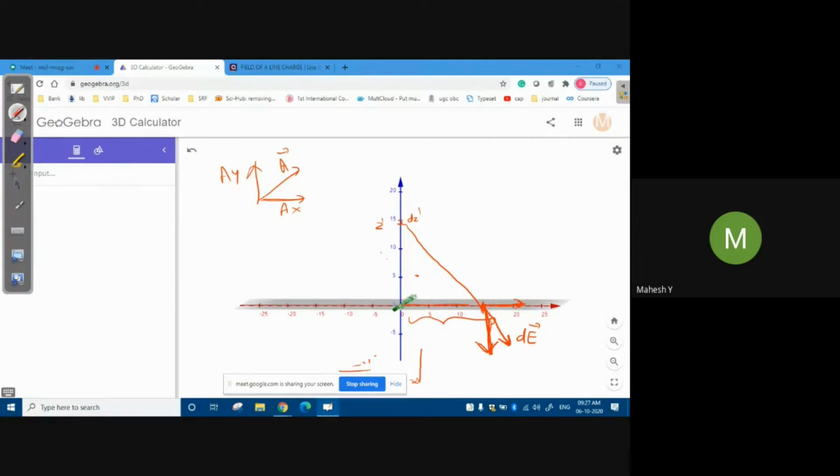If this is the rho, which is this direction? I'm splitting into two components. Rho x and rho y.